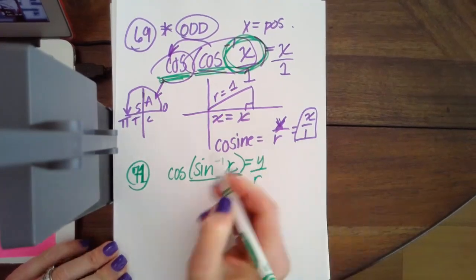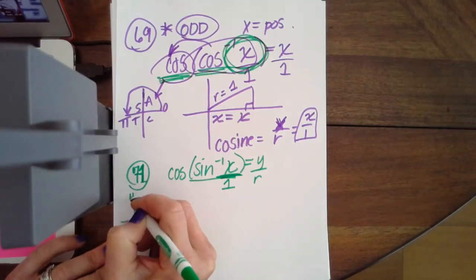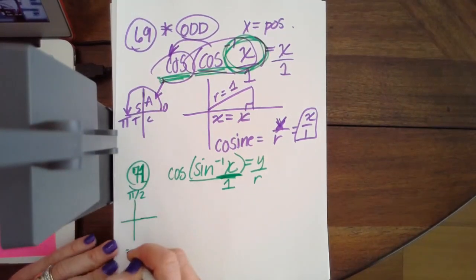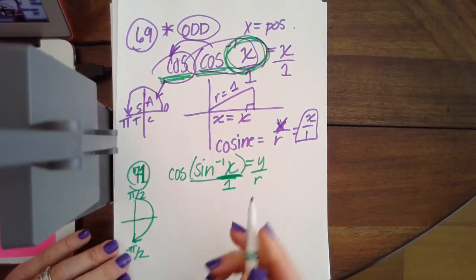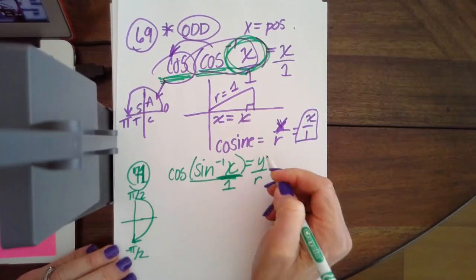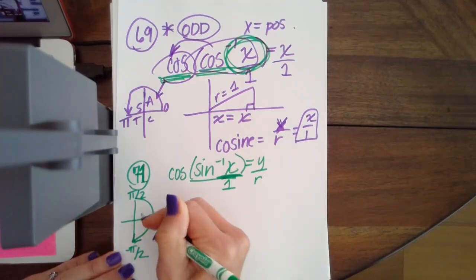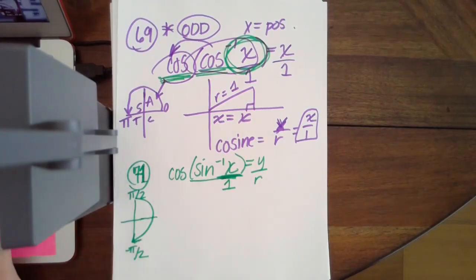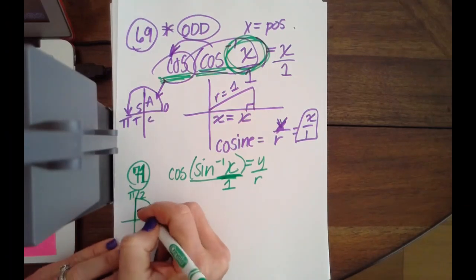We also know that sine is restricted from pi over 2 to negative pi over 2 in its domain, just like that. And remember, they're telling us in the problem that x is positive. So in this case, y is positive, which means sine is positive, which means if we're restricted to quadrant 1 or quadrant 4, then we're going to be sitting in quadrant 1, because everything's positive here.